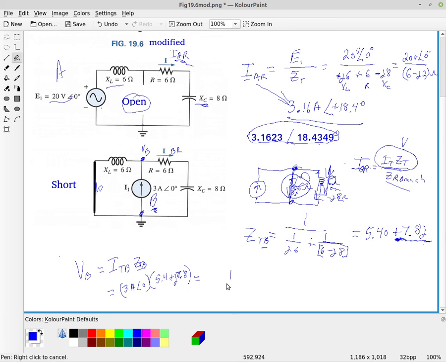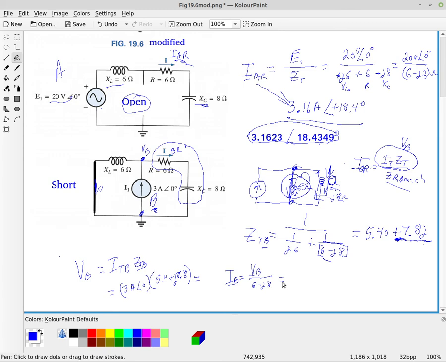The current now through IR is this total voltage VB, and this is just Ohm's law. The current IB is the voltage VB divided by the impedance of this branch, and the impedance of this branch is 6 minus J8.